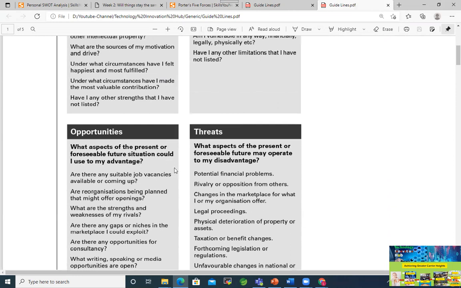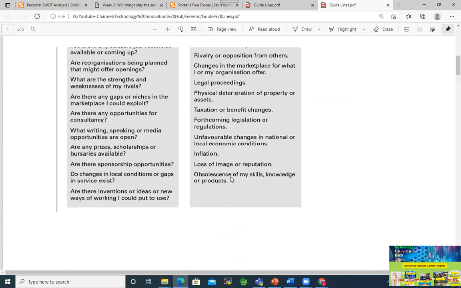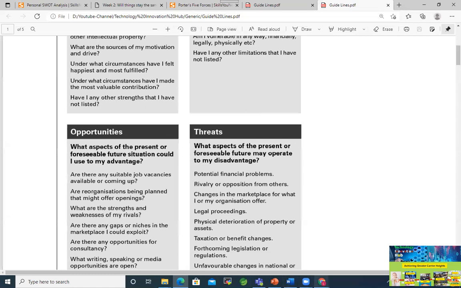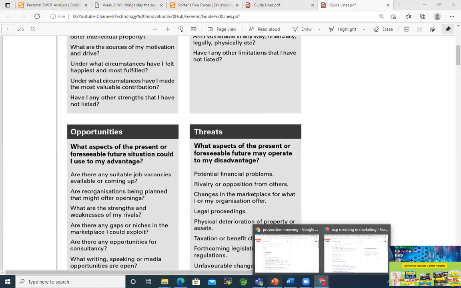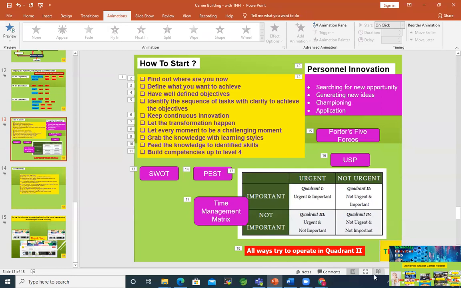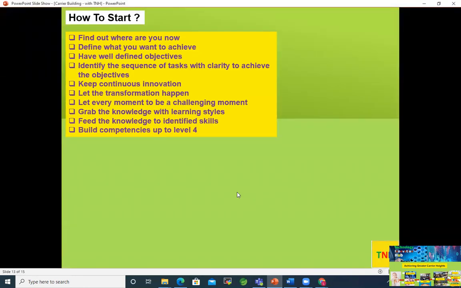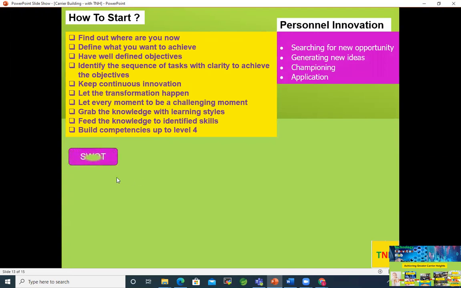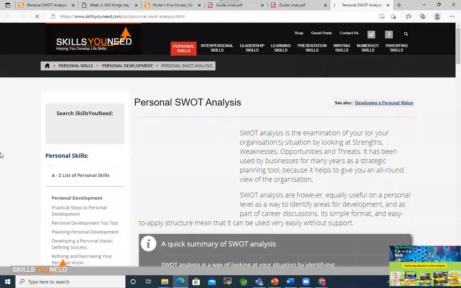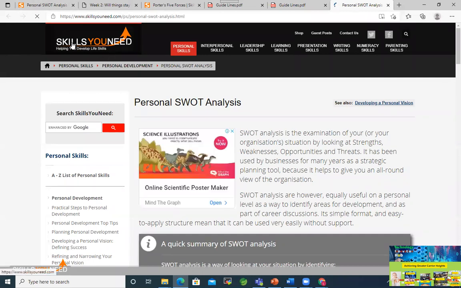That is the opportunities in the future. And threats, likewise. That is a SWOT diagram, very basically, and you can try it out. Here also I have a link. If I go to this place, the SWOT diagram, that also will explain. That is from Skills You Need.